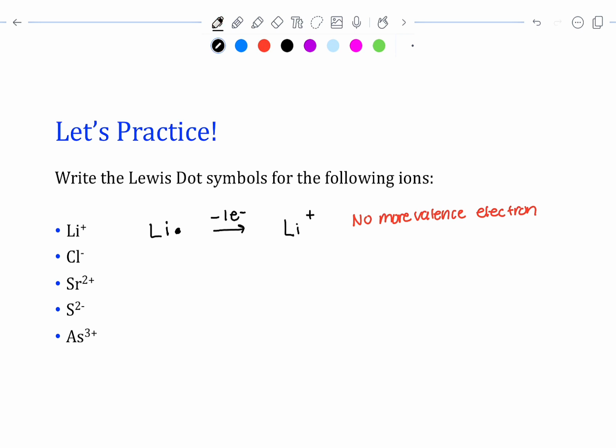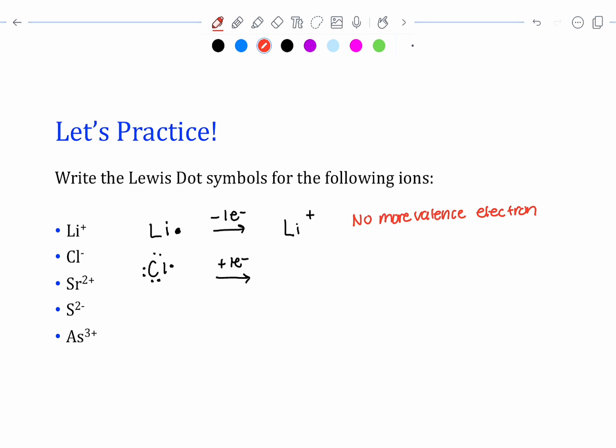Next up, let's look at chlorine, Cl minus. Chlorine is in group 7A on our periodic table, so it has 7 valence electrons. If we want to create it with a 1 minus charge, that means we're adding 1 electron, because if it has a minus charge, it has more electrons than it does protons.